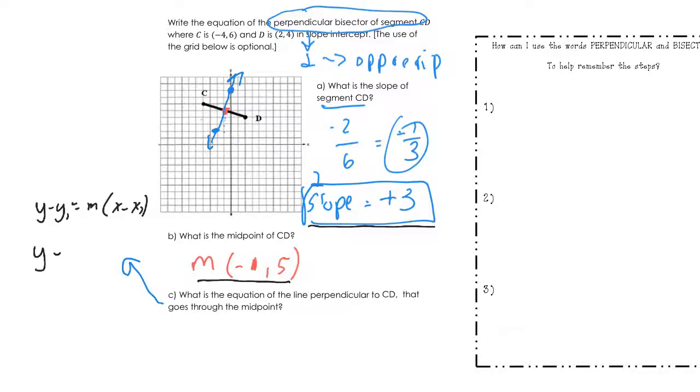So y minus 5 equals the slope of this line, 3, times x minus, well, it's a negative 1 for my x, so it's going to change to a positive 1 because of negative, negative. So the equation of this line is y minus 5 equals 3 times x plus 1.